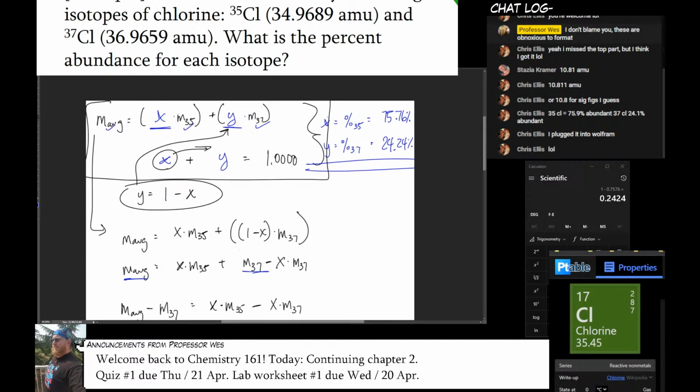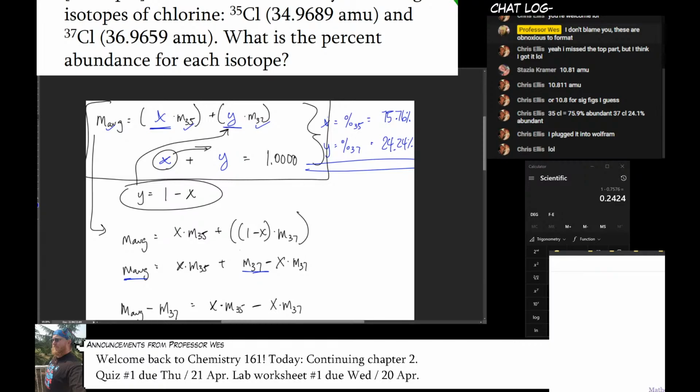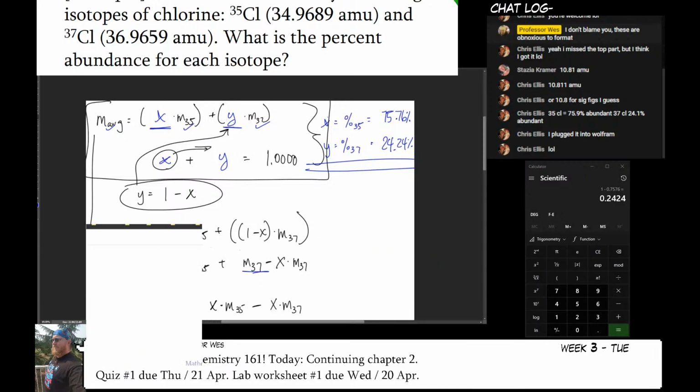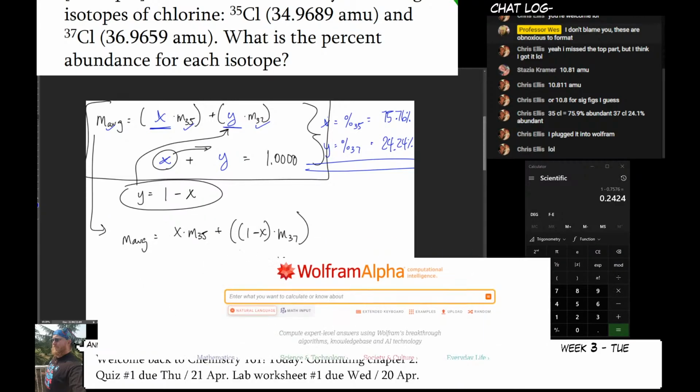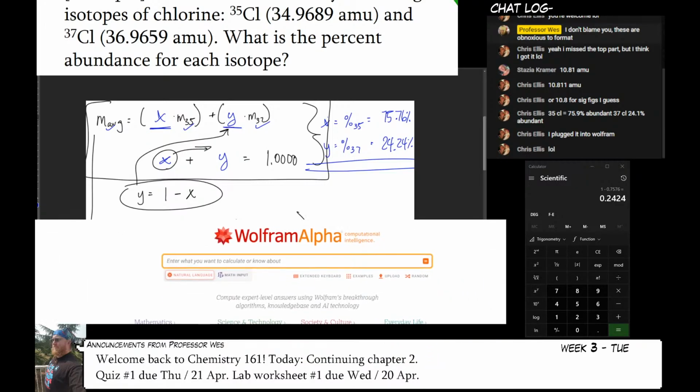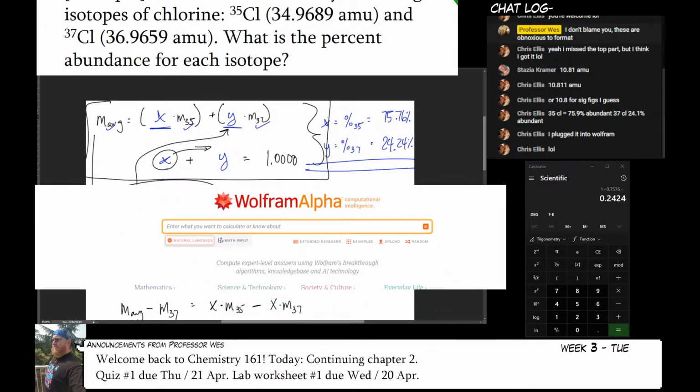In fact, I'm going to do that really quickly for you just to show how fast that is. So I want those equations. I'm already over time, so I apologize for going over, but here's my Wolfram Alpha equation. Those two equations, I'm just going to type them in.